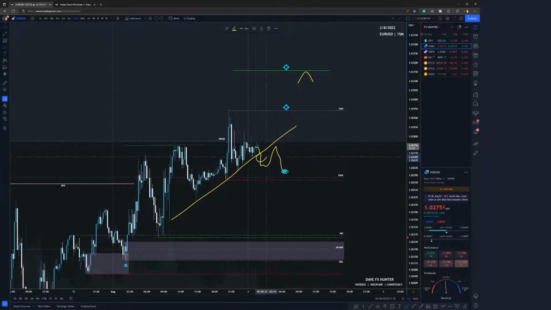They short here, they short the retest, then they short this break again. Many people will put stop losses, obviously, above the previous day high, right? So then I'm looking at this as my target.